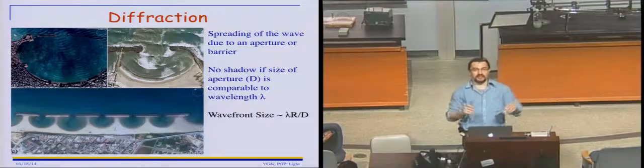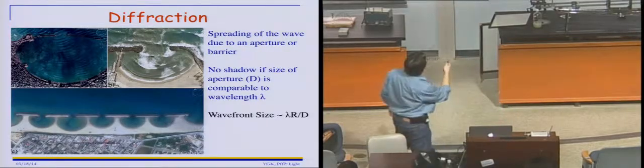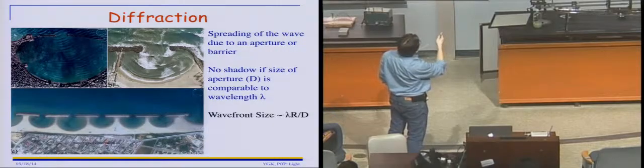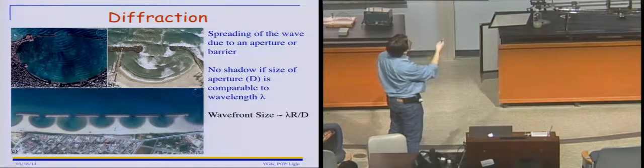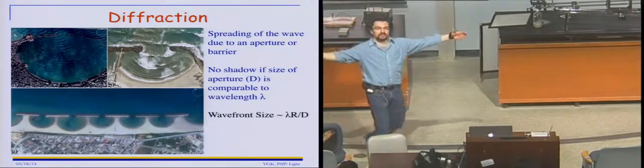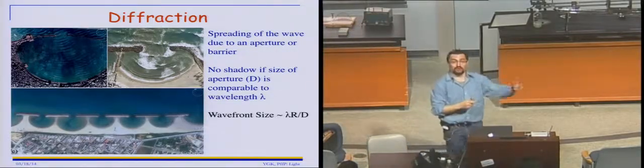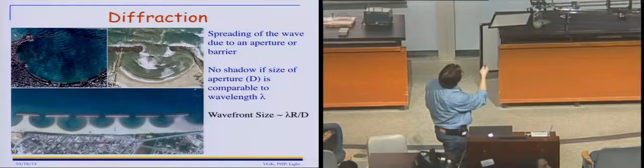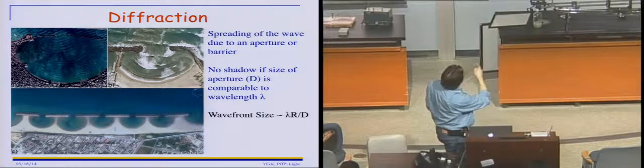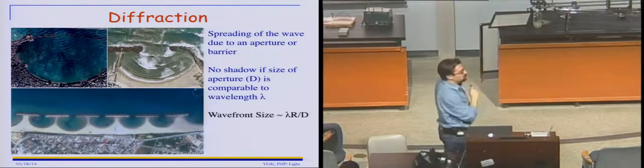The spread in the size of the waveform, or rather the angular size of the waveform, depends on the wavelength and the size of the aperture. So the physical size of the waveform in meters grows with distance. It depends on the distance from the aperture to where you observe the wave, divided by the size of the aperture, multiplied by the wavelength.